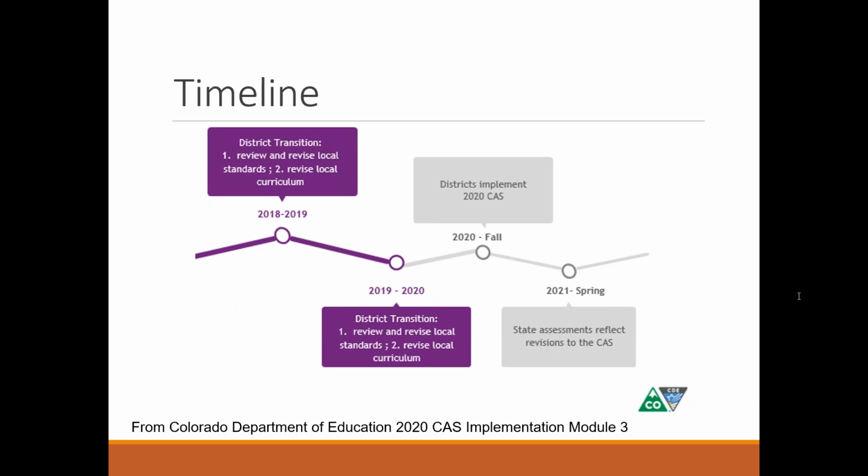School districts are expected to implement these in the fall of 2020, and state assessments are expected to reflect these revisions in 2021. I will say, though, there is a survey out right now about whether school districts can meet those deadlines, and so that timeline may be pushed out even further. Again, we have 178 school districts in Colorado, so they'll all be on a slightly different timeline and when they fully make the switch. But in general, we're looking at 2020.